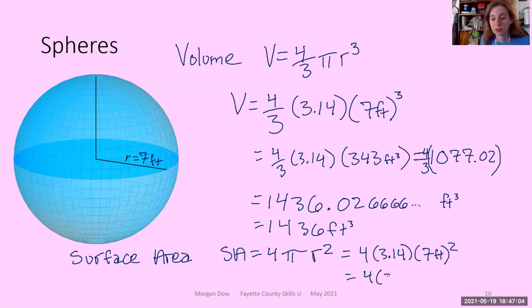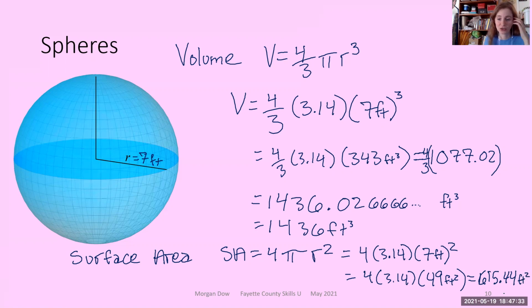So 4 times 3.14 times 49 square feet. When I do that multiplication, I get 615.44 square feet.